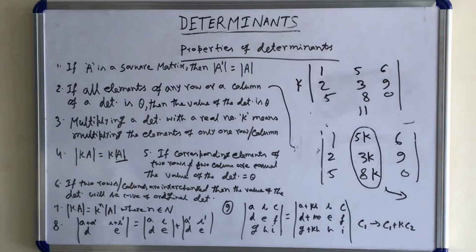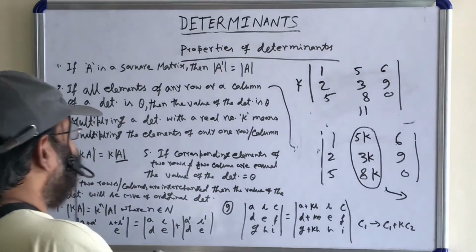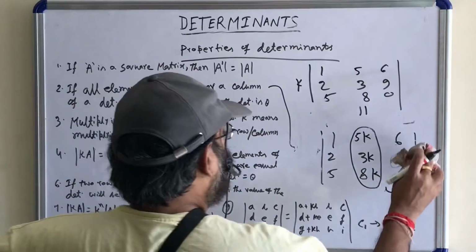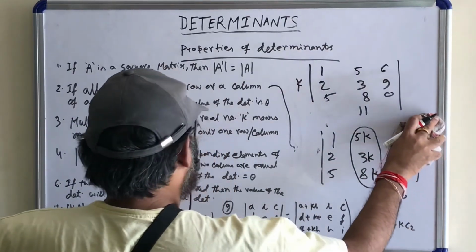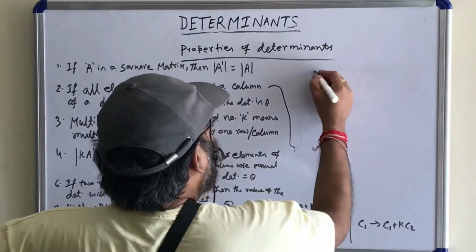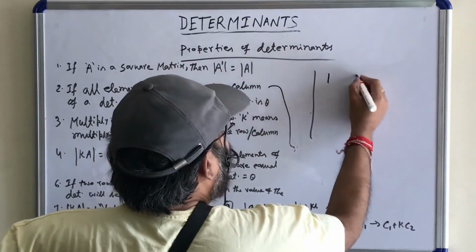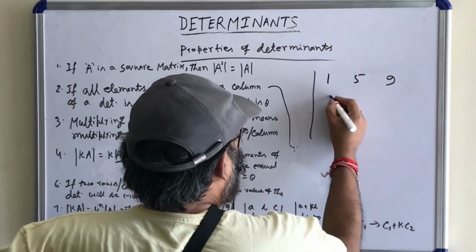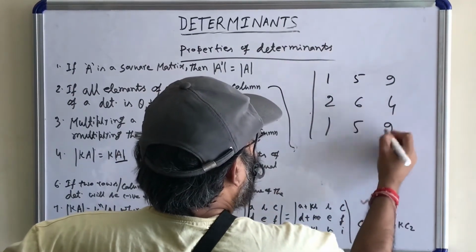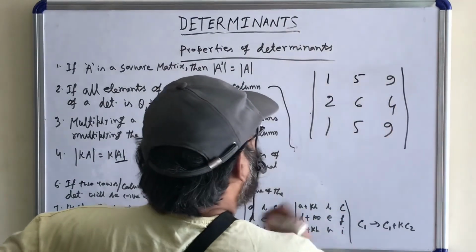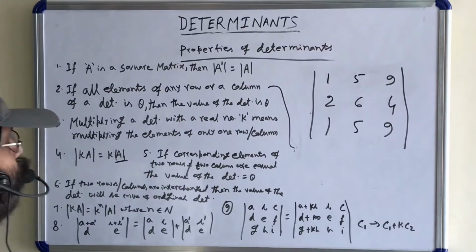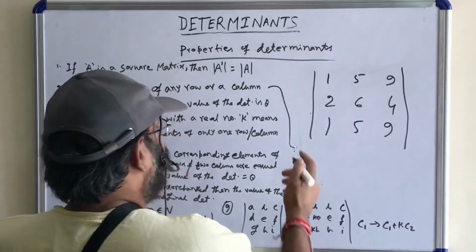What is the fifth property? If corresponding elements of two rows or two columns are equal, then the value of the determinant is 0. Say the determinant 1, 5, 9, 2, 6, 4, again 1, 5, 9. It means that will be a singular determinant. You take your own example.